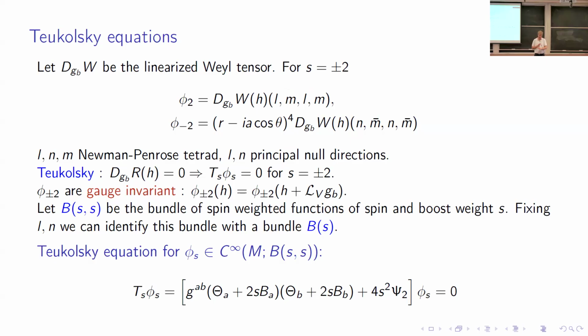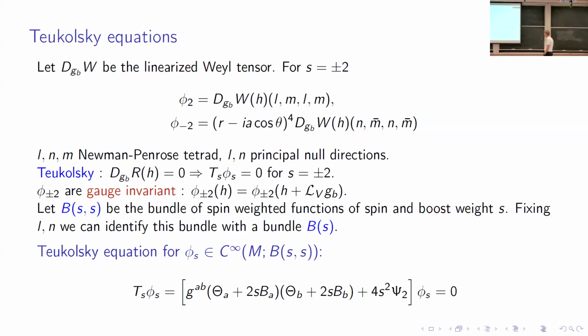I think about them like scattering directions. And M and M bar are more generators of something which is happening on the sphere. And the fantastic observation by Teukolsky was that if I take the linearized Einstein equation, then these scalars fulfill a scalar equation, and they are gauge invariant. Okay.